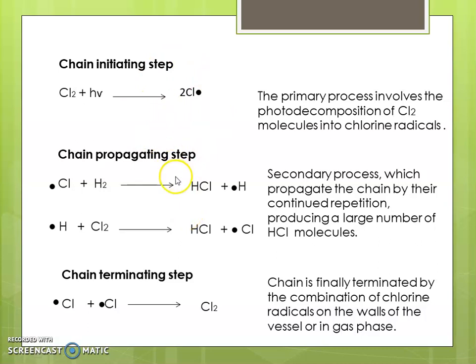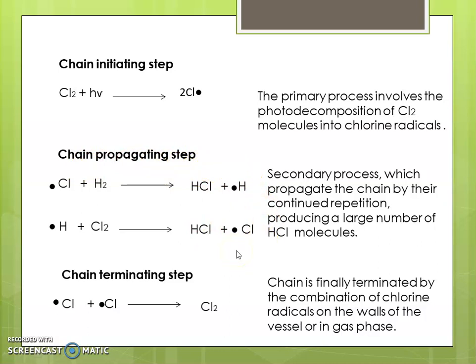This is followed by the chain propagating step, which is a secondary process, which propagates the chain by continued repetition, producing a large number of HCl molecules.